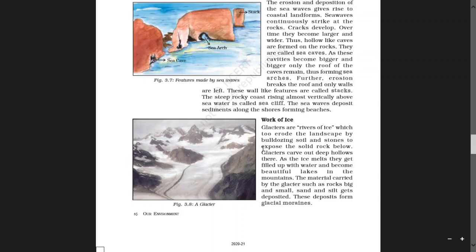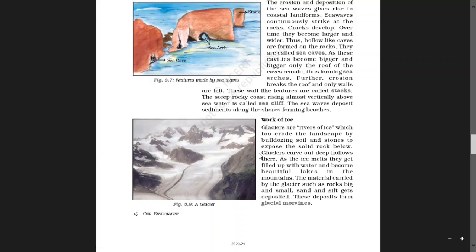Bulldozing means demolishing. Expose means make visible by uncovering it.